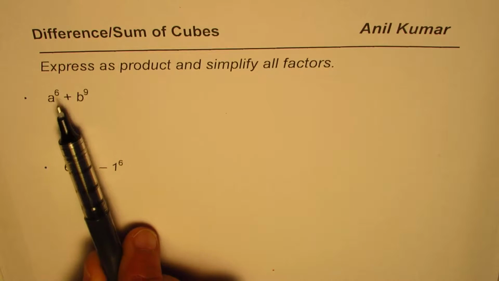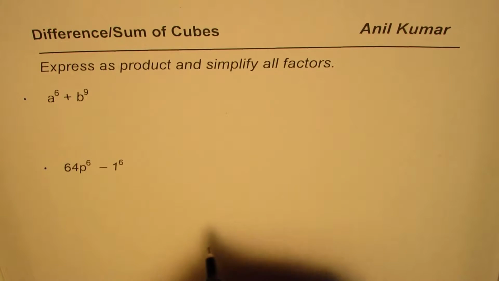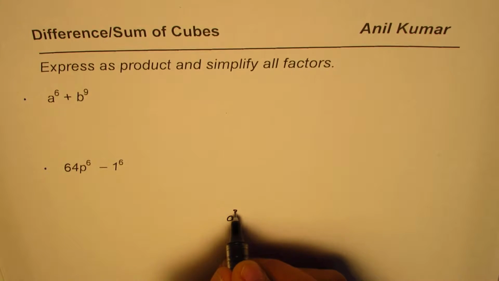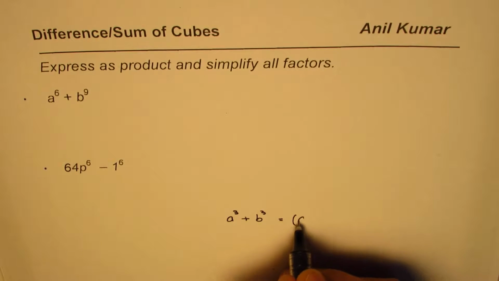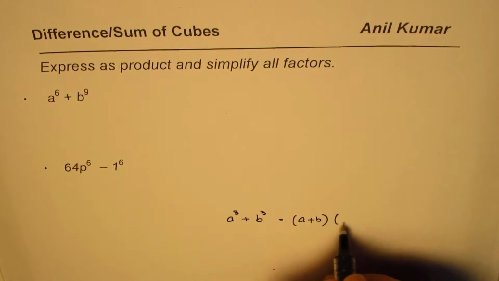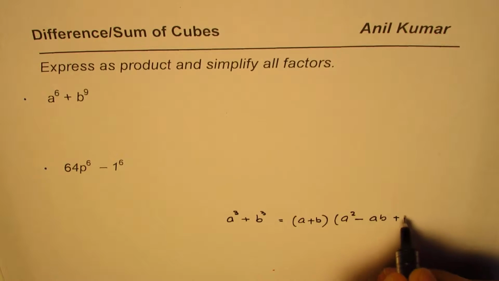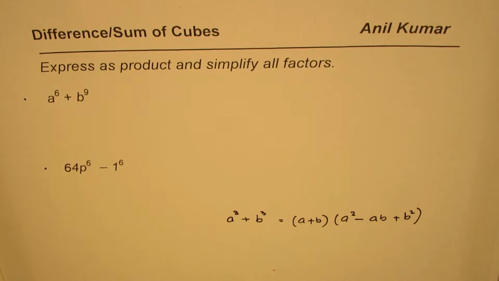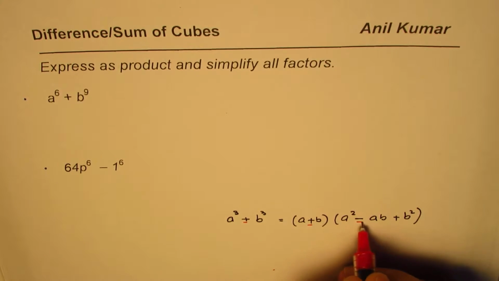Now, this is to the power of 6. What you've learned so far is factoring sum of cubes, right? So, you've learned that a cube plus b cube is equal to a plus b times a square minus ab plus b square. And in case it is minus here, then this is minus and that is plus.